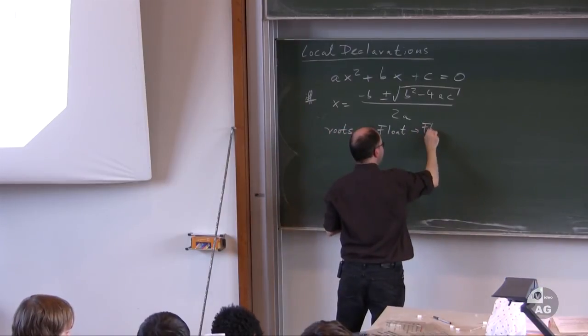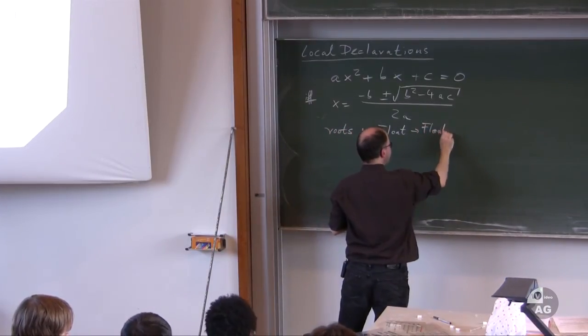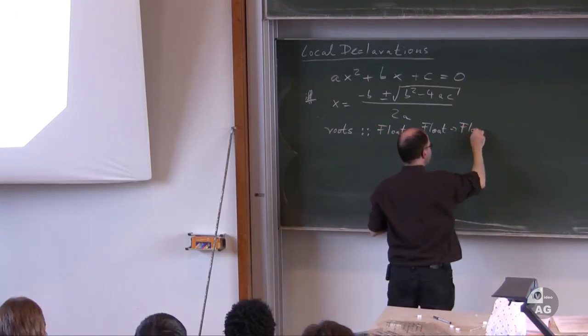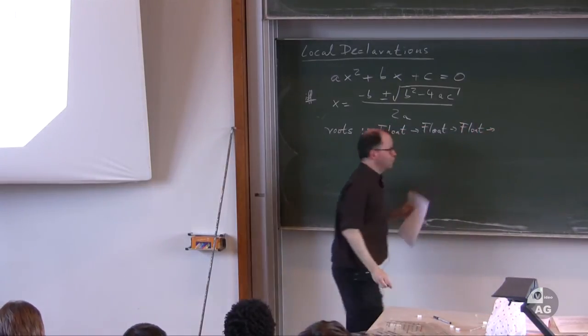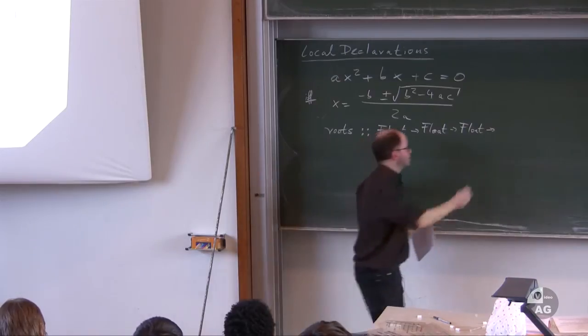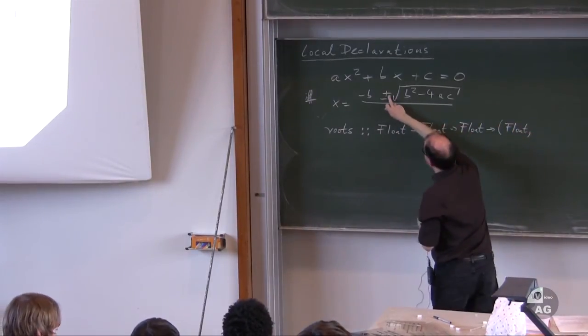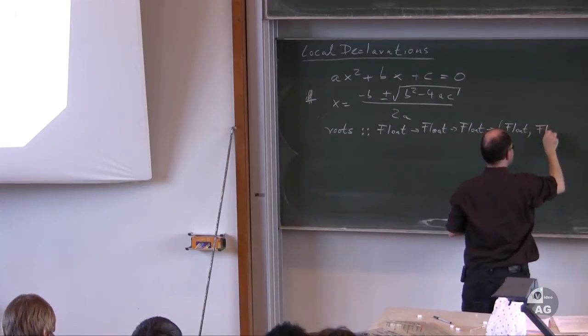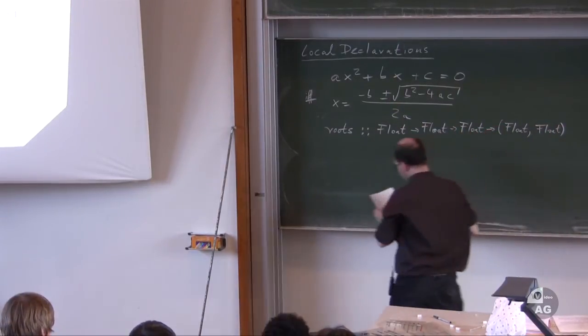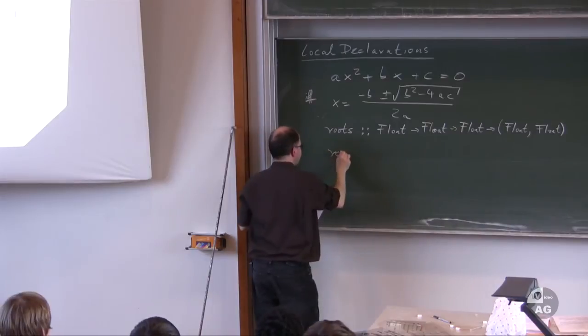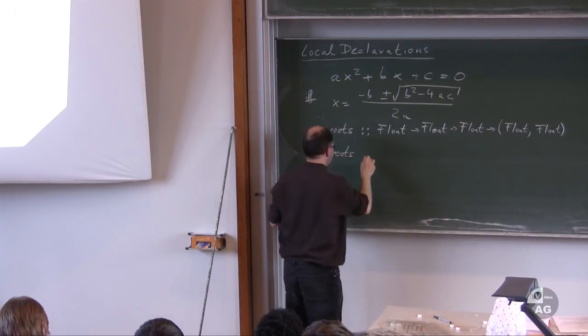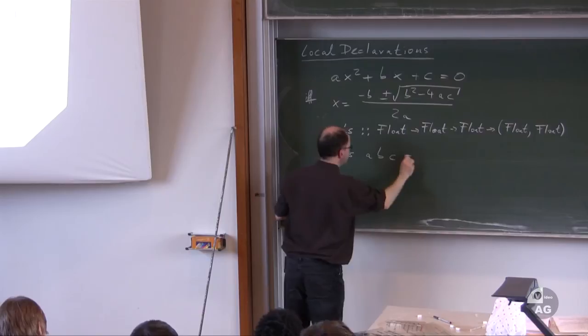So this is the value for a, for b, and for c. And since there can be two solutions, the result is a pair of the two solutions, depending on whether I take plus or minus here. And what is the function declaration? roots a, b, c.